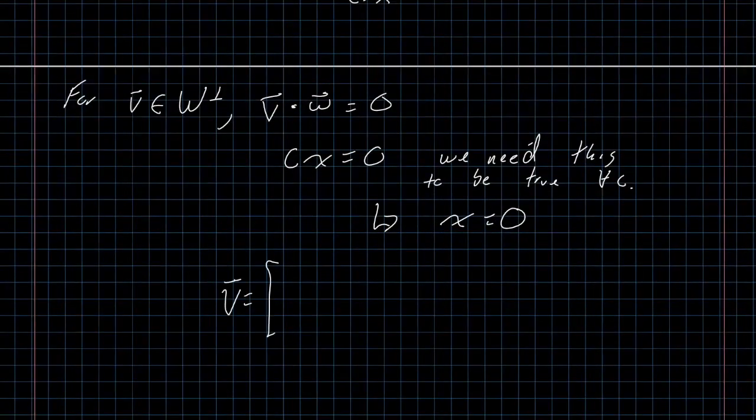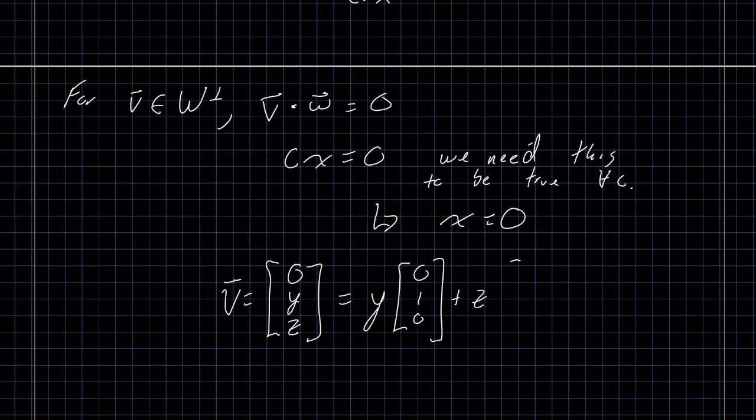That means that my vector v must be 0, y, z. And if I split that out, this is y times 0, 1, 0 plus z times 0, 0, 1. It is a linear combination of the other two standard unit vectors in three-dimensional space. And the span of those vectors is the YZ plane.